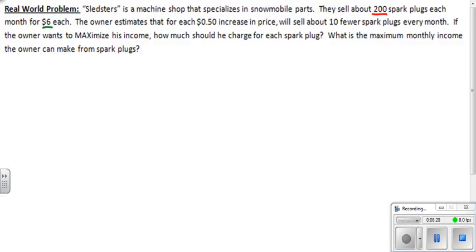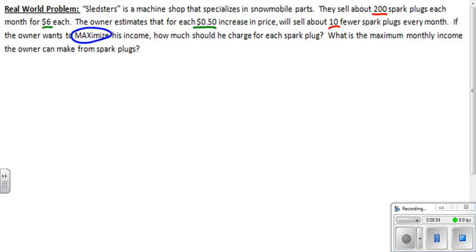The owner estimates that for each 50 cents that he increases the price, he will sell about 10 fewer spark plugs every month. If he wants to maximize, there's that word max or maximum, if he wants to maximize his income, how much should he charge for each spark plug? And what is that maximum monthly income that he can make from the spark plugs?